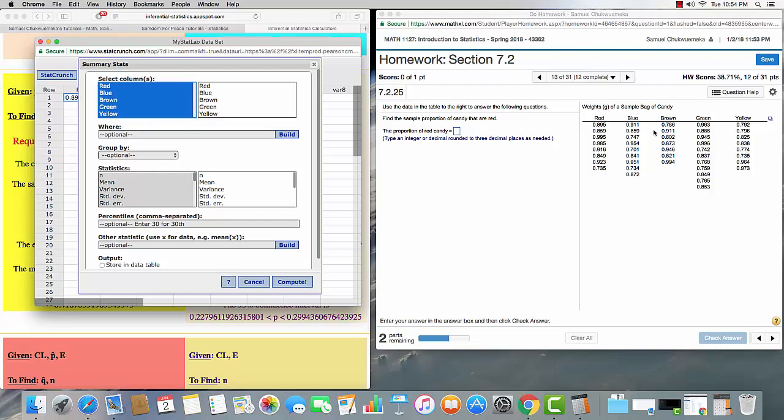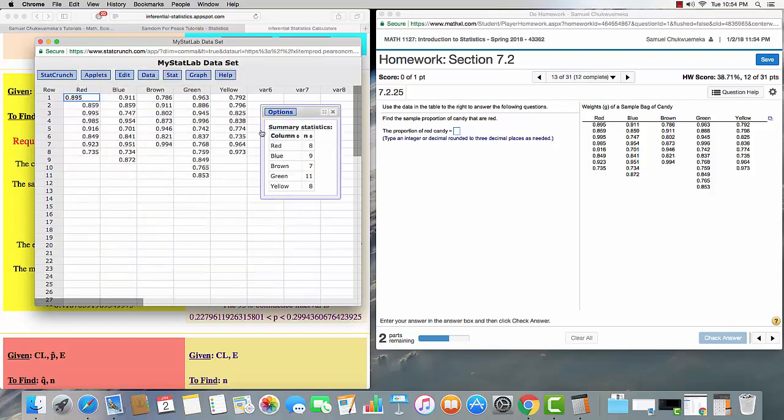Okay, let's find the number. Otherwise, we have to count this one at a time. Just click here to find the number, and then press compute. So we have 8 red candies, 9 blue candies, 7 brown candies, 11 green candies, and 8 yellow candies.